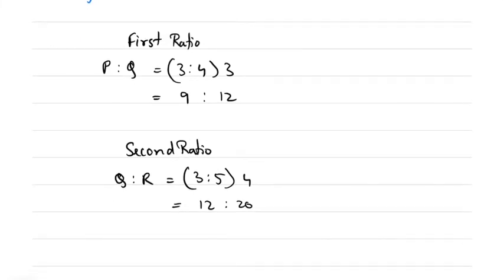Now ratio of Q is same in both the cases. The value of Q is 12 in both the cases. So P:Q:R is equal to 9:12:20.